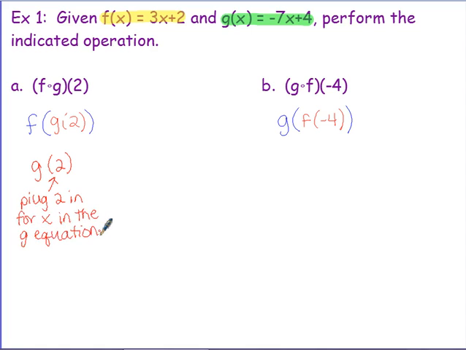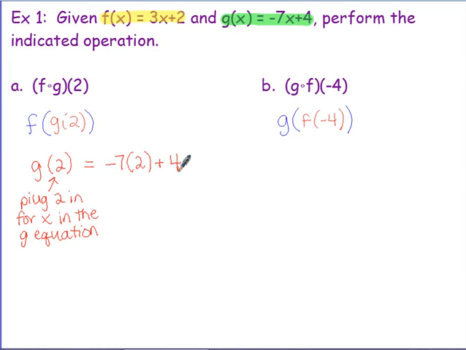Make sure you're using the right equation. So we're going to go to the g equation, that's this one. Where I see this x right here, I'm going to replace it with a 2 in parentheses. So it's going to look like negative 7 times 2 plus 4.